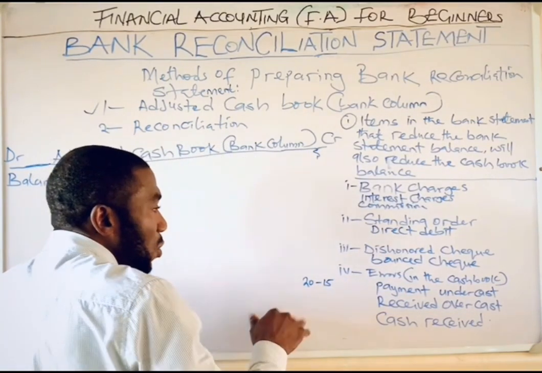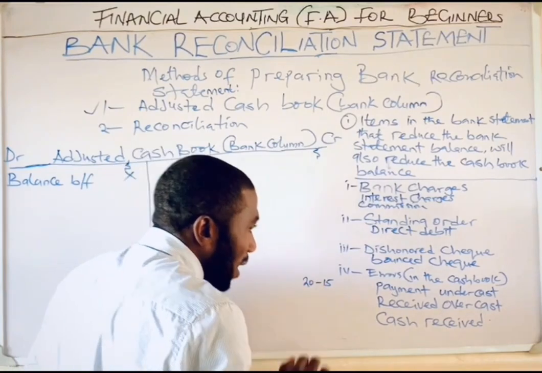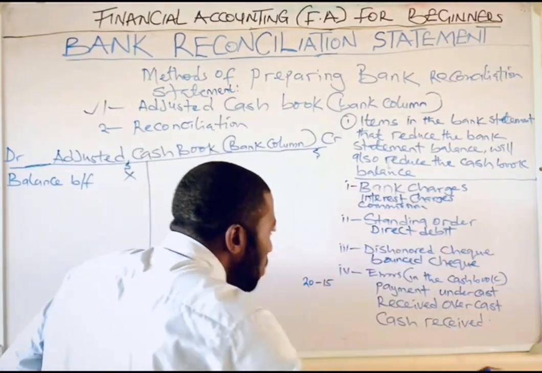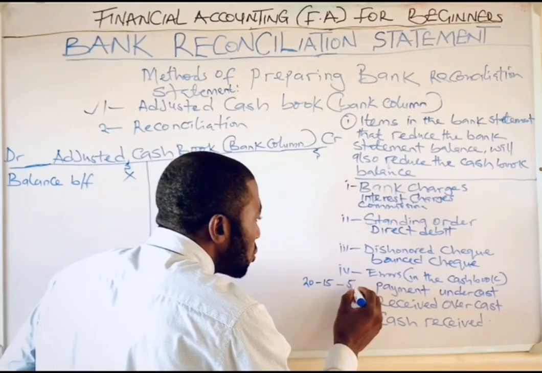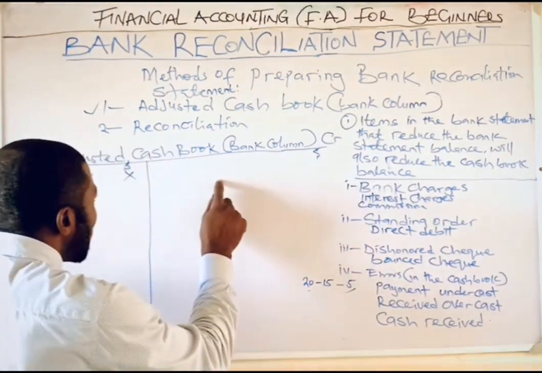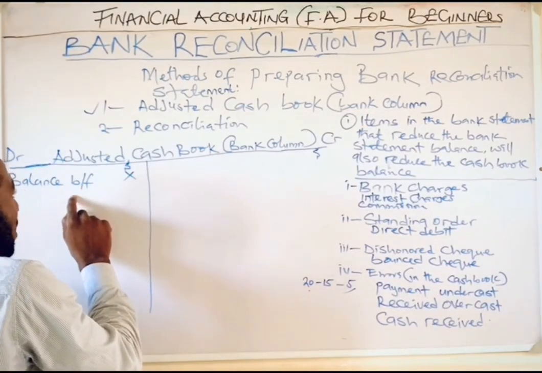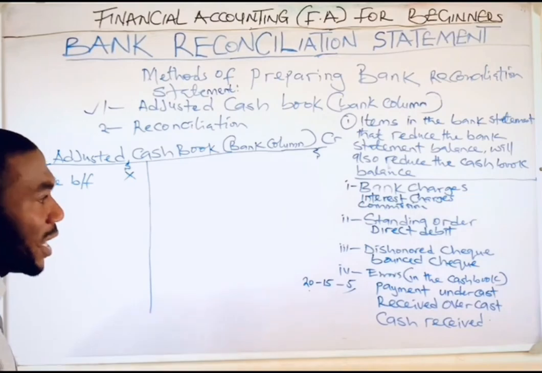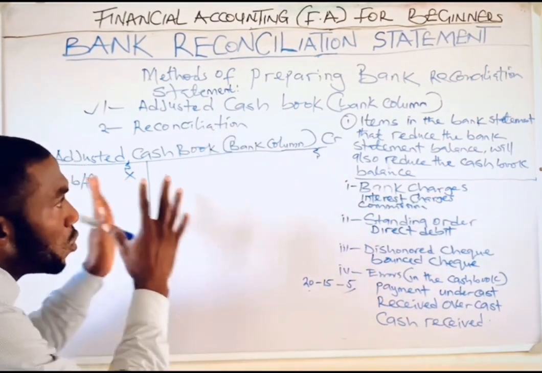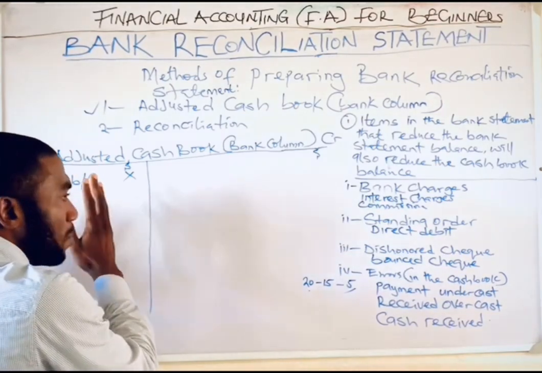The payment is undercast. So if this payment is undercast, you will pay out the remaining 5 to make it $20. So if you are paying the remaining $5, it will reduce the balance that we already have in our cash book. I hope you are getting it. All items here will reduce our cash book balance.